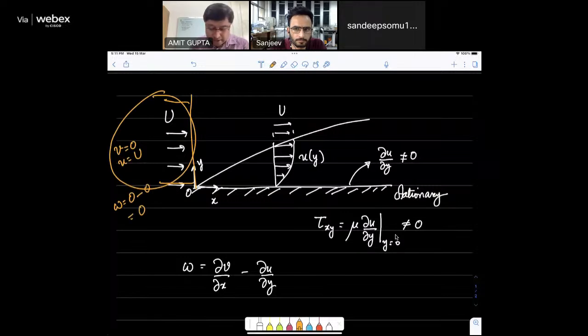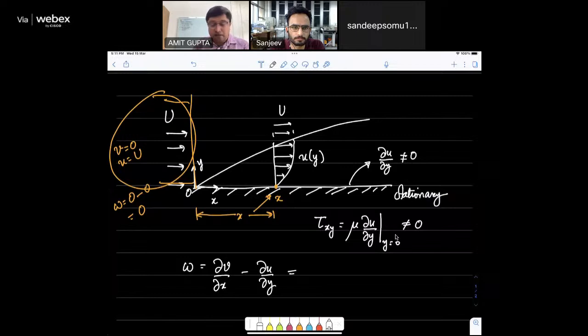There's no vorticity. But right when the flow hits the plate and you have a boundary layer that develops, look at this plate now, at this point where we are stationed, at some distance x from the leading edge.